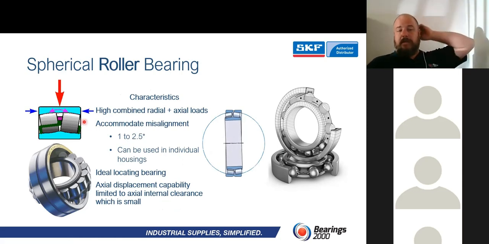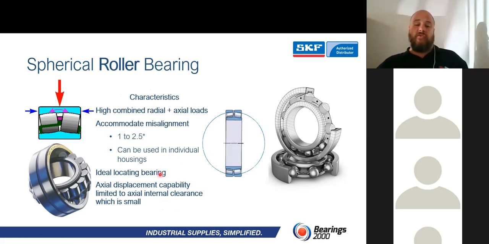All right. So it's an ideal locating bearing, actual displacement capability limited within the actual clearance of this bearing, which is small. Having a sphered roller like that and a raceway, of course, you're not able to actually displace this bearing. Actually displace meaning running outside of each other, the inner race and the outer race displacing by a certain amount. So this bearing wants to be able to accommodate the misalignment.